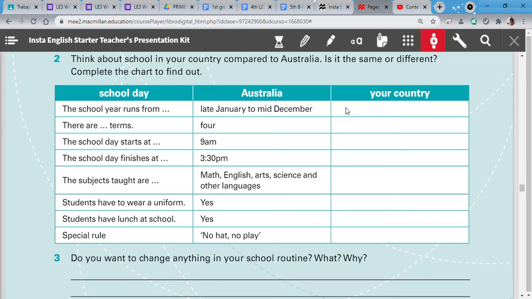Students have to have lunch at school? Yes, your break. Remember when we have a break at 9:30, I mean, you have 10 minutes for having breakfast, for example. Special rule, no hat, no play? I don't think so. Well, that is my opinion. But if you have a rule in our school, let me know.